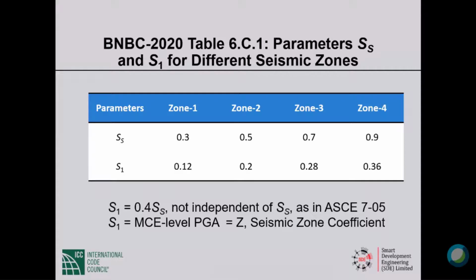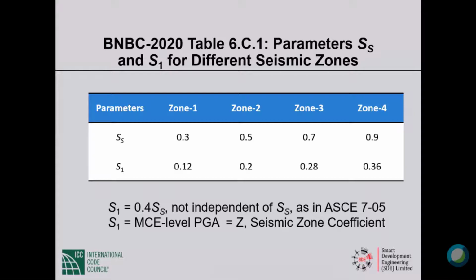So if you're using Appendix C, the S sub S and S sub 1 values are given to you, and you can proceed with seismic design using the approach in ASCE 7-05 or what is in BNBC 2020, because they are also related to zones.